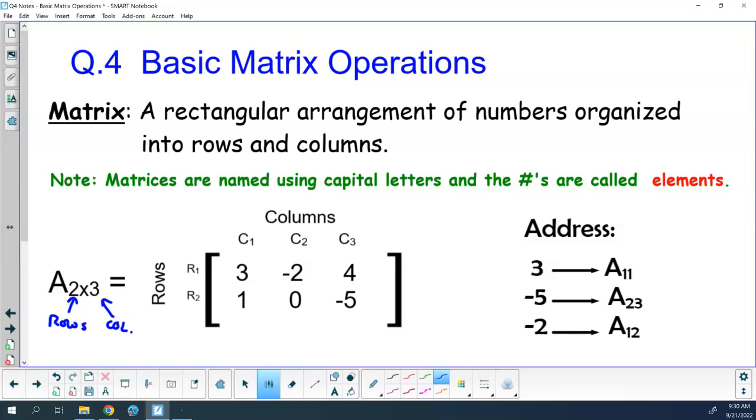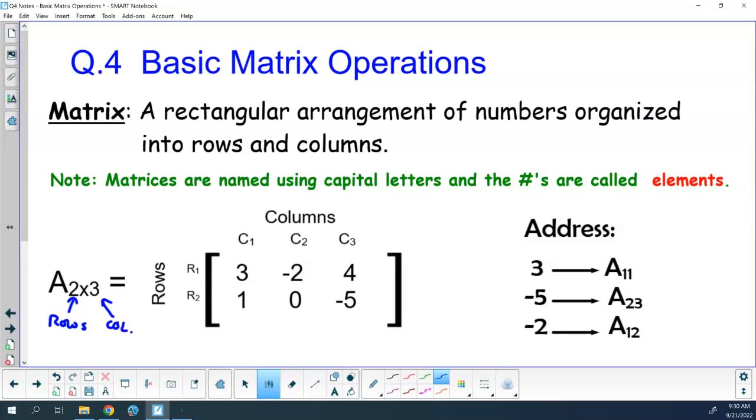Now, on top of that, each element has its own specific address, just like you have your own specific address of where you live.